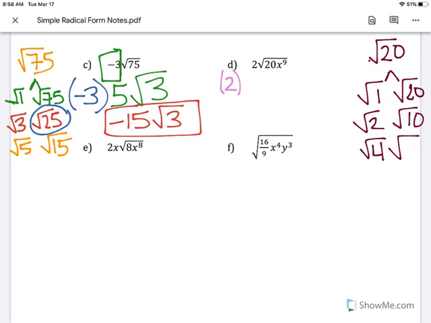And this is why it is important that you know and recognize your perfect squares to make this process much more seamless. So, of my factors of 20, the largest perfect square would be 4.